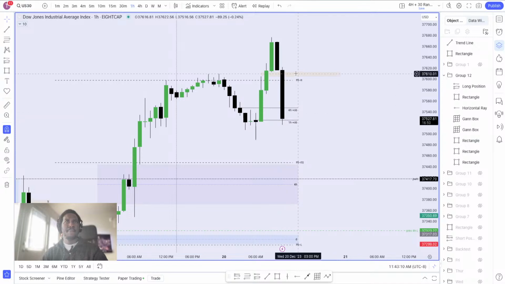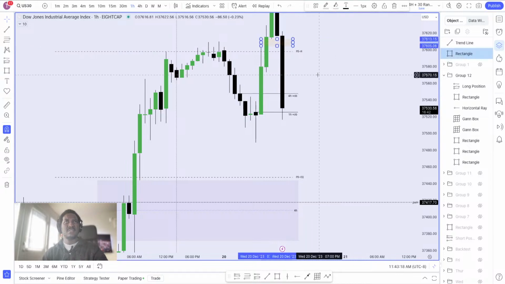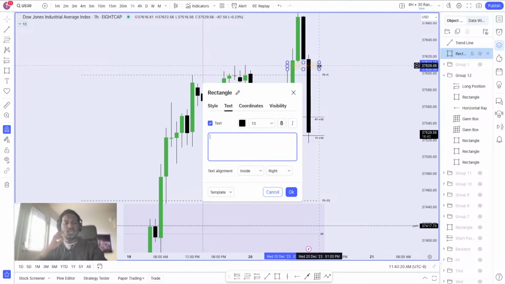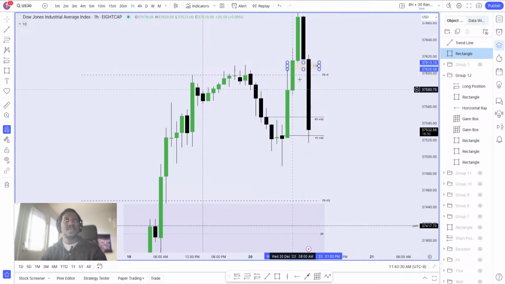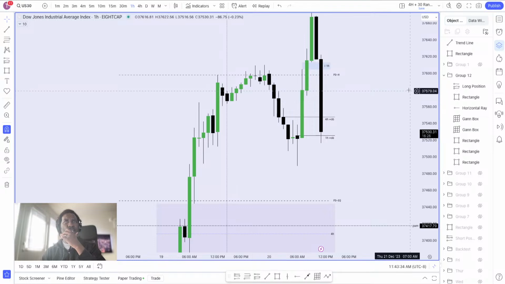So on our way up, then we do have this zone over here, which is a 1 hour inverted fair value gap. So I'll do I inverted 1 hour fair value gap. I need that to be in blue. I think we're good.